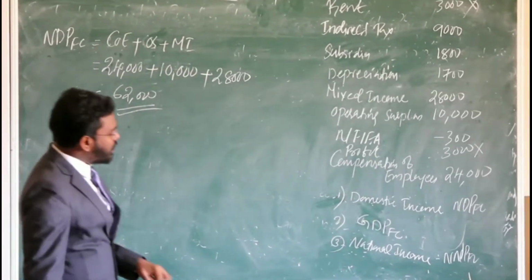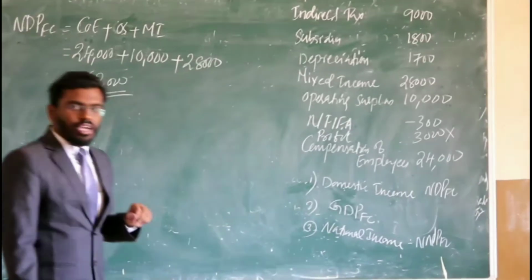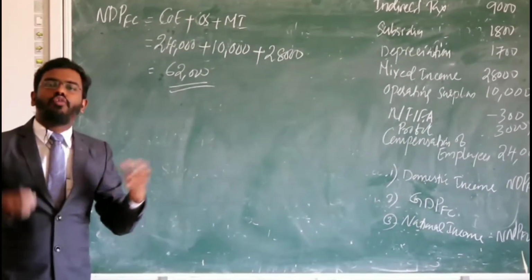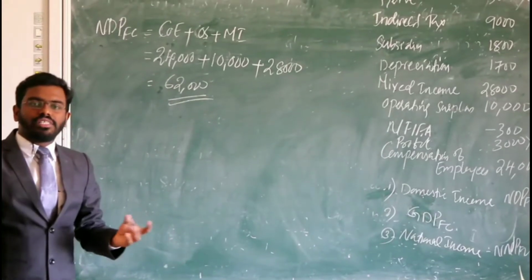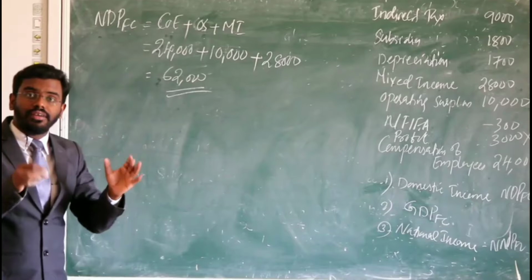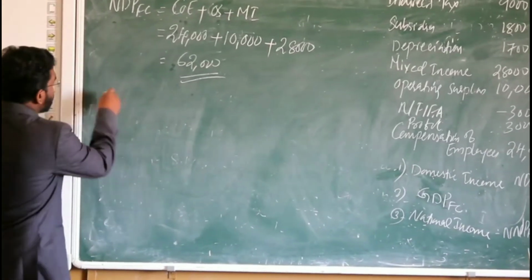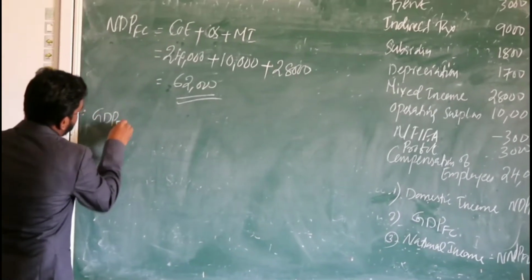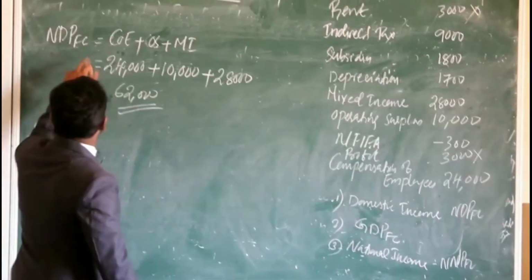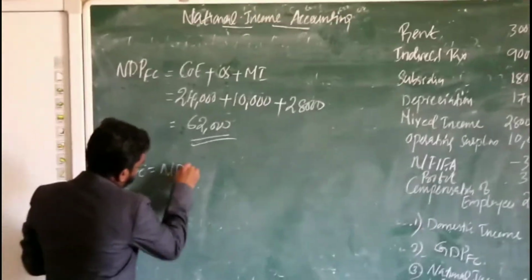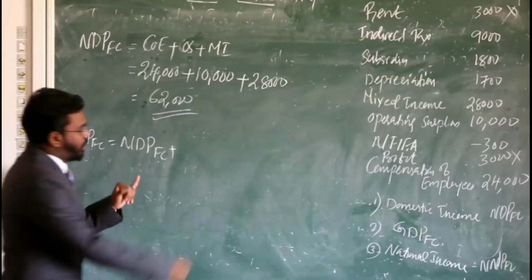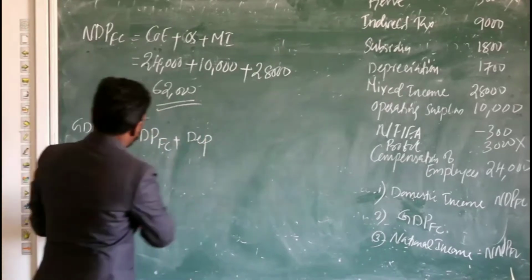Next question: calculate GDPFC. Now we already calculated NDPFC. From this NDPFC, how can we calculate GDPFC? What is the difference between G and N? Gross and net is depreciation. So GDPFC is equal to NDPFC plus depreciation.